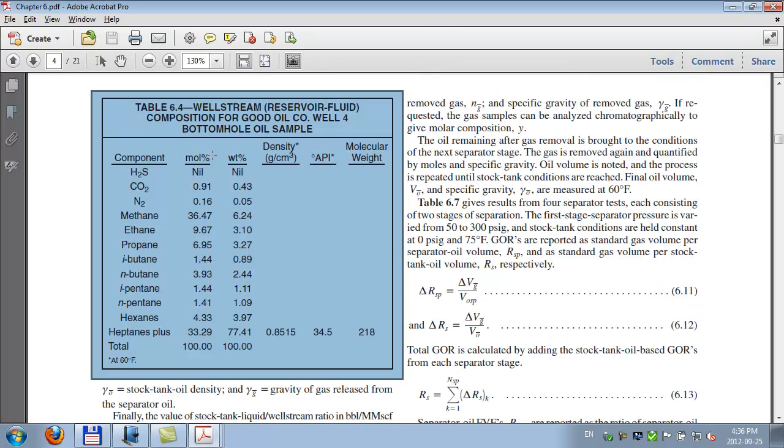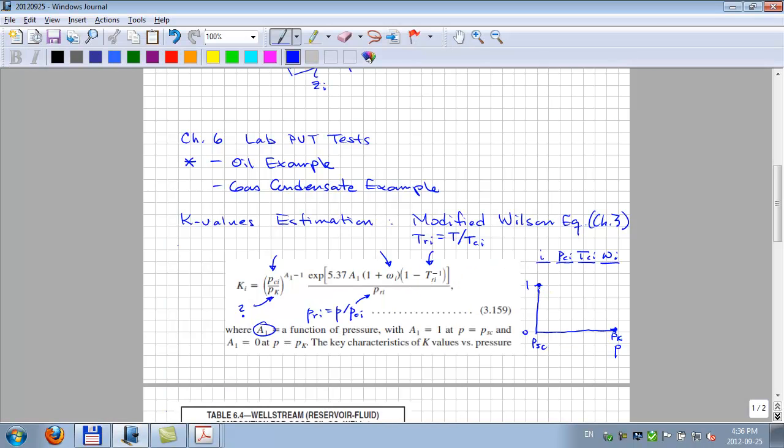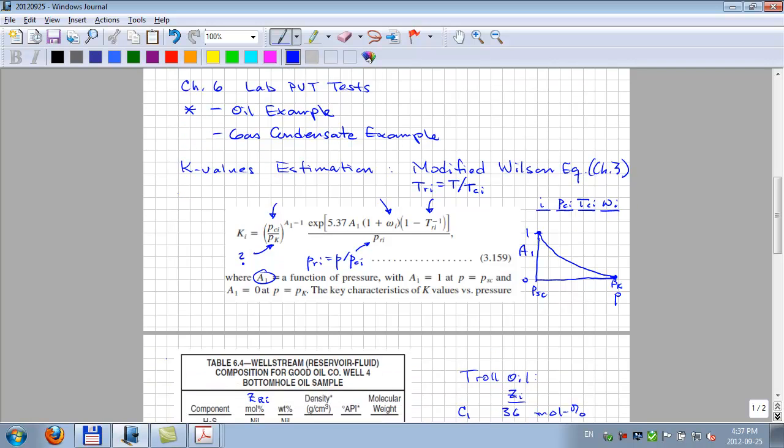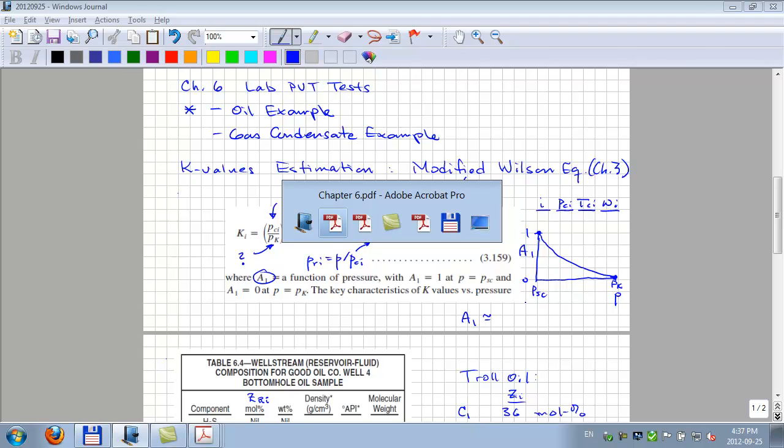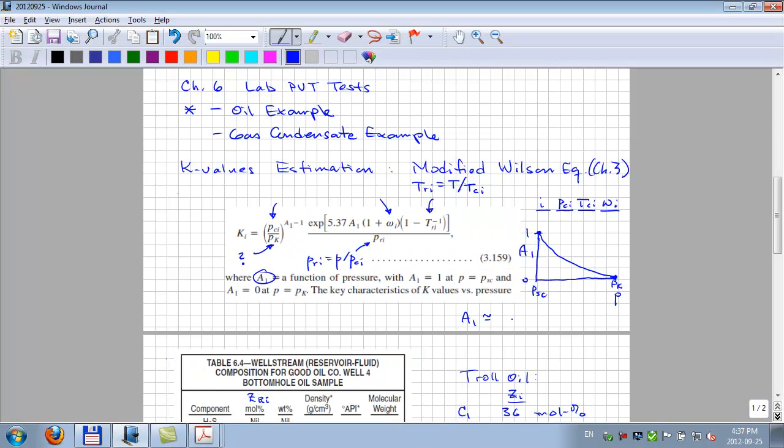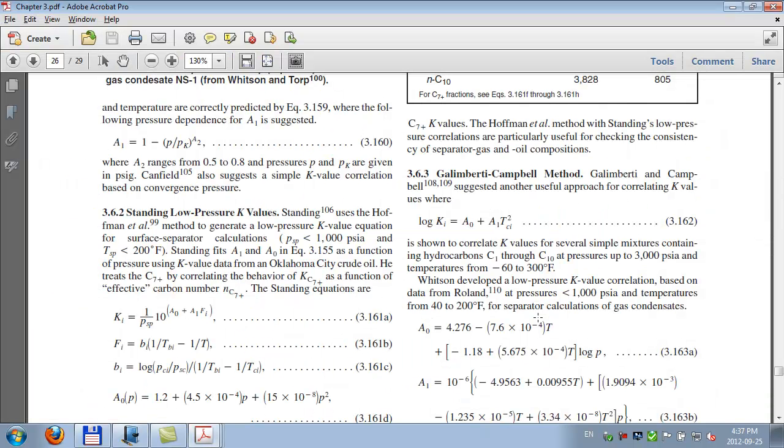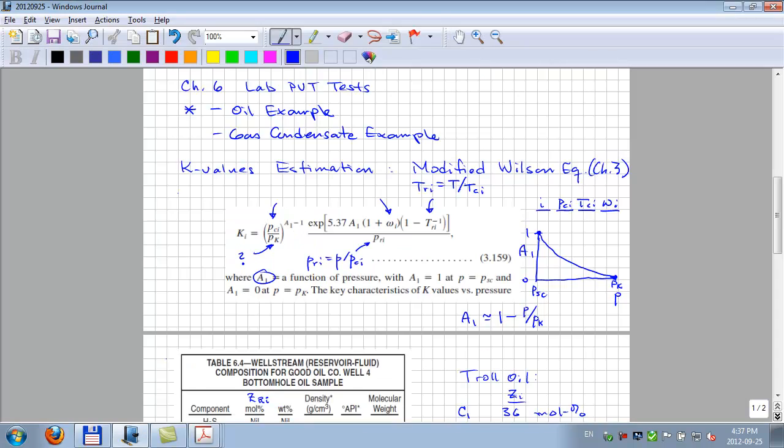Okay, so we can say that our A1 will have this kind of shape. So that A1 is approximately equal to 1 minus pressure divided by convergence pressure, and that ratio to the power 0.5, 0.7.